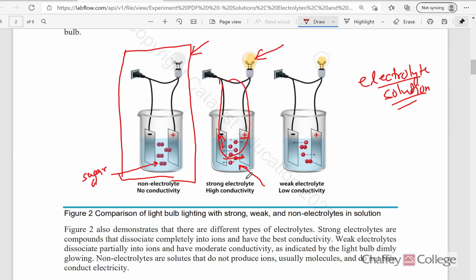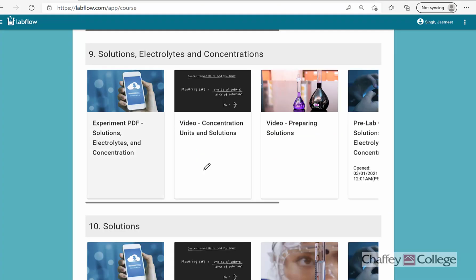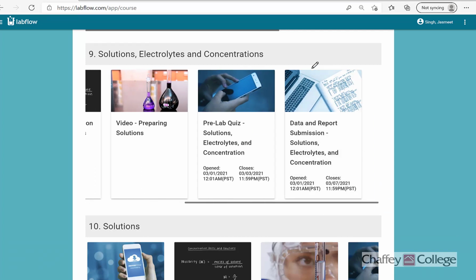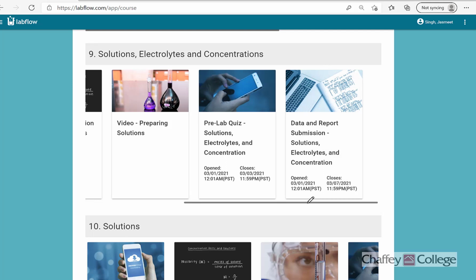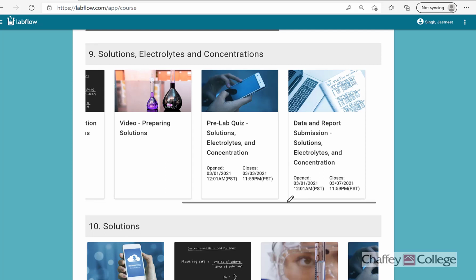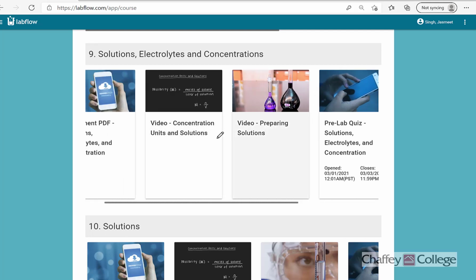And finally, in the third section, we will calculate concentrations of various solutions. So let's take a look at the lab report. The lab report is given in the final tab here, but before completing the lab report, please watch these two videos.